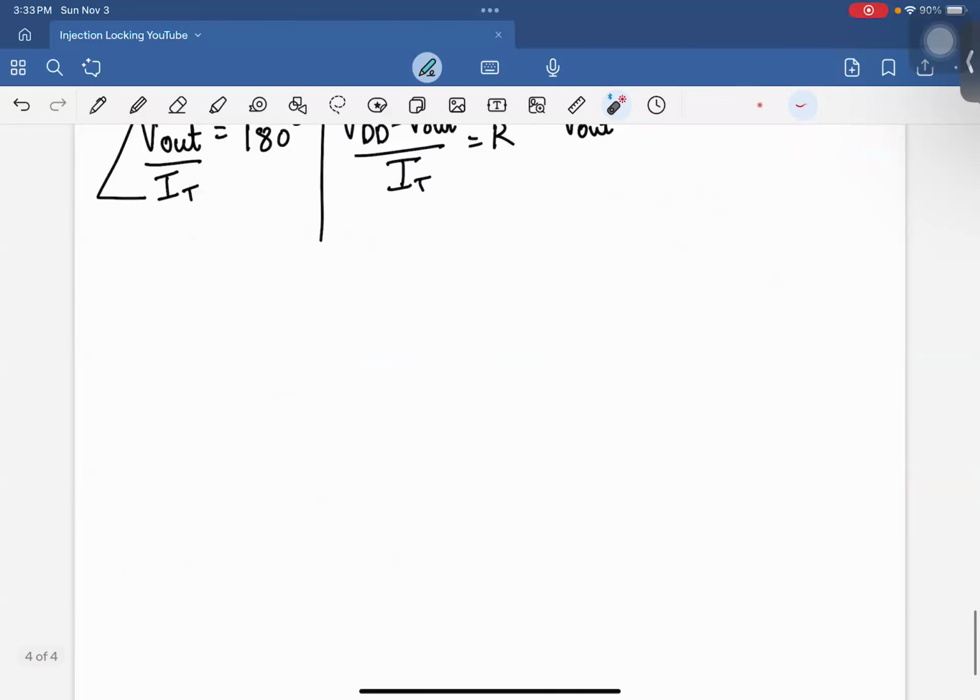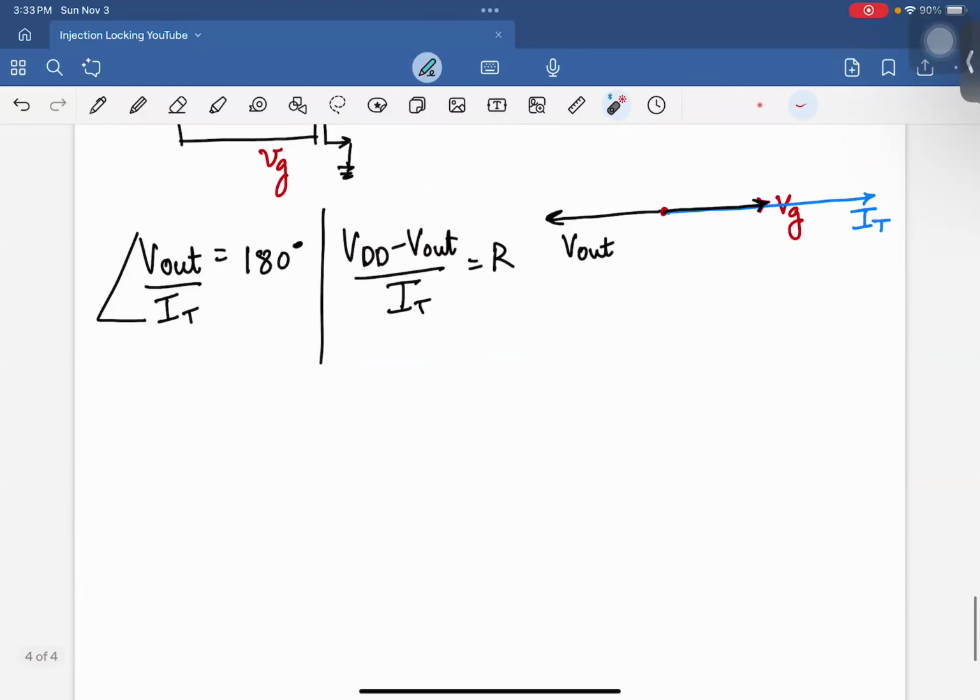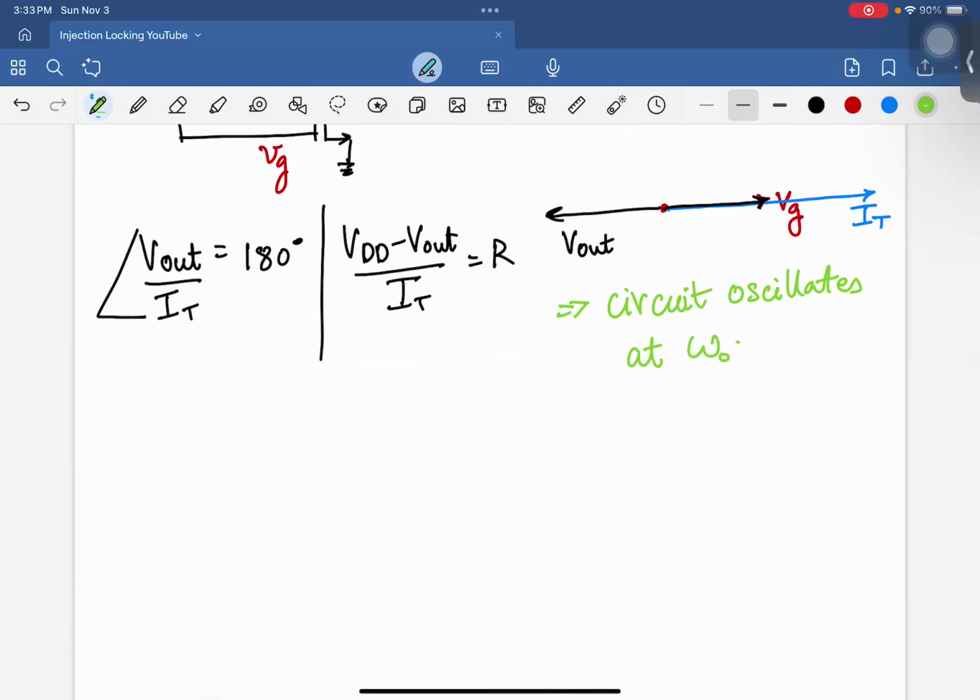So let me actually just finally mention that. This implies the circuit oscillates at omega naught, which is the resonance frequency of the tank, right? And that's 1 over square root of LC.